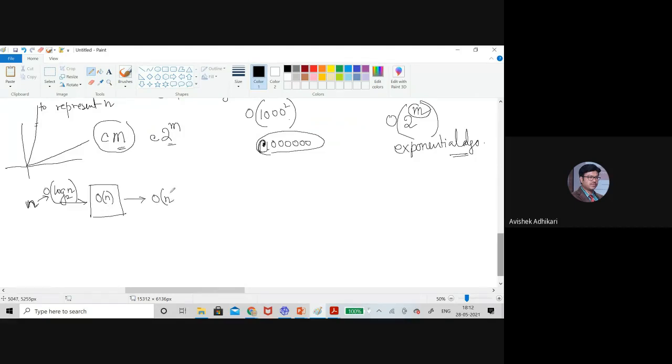But let us try to write n in terms of the size. Say m is your size, then n is 2 to the power m. So this is the same as 2 to the power m. Now tell me, what kind of algorithm is this? Exponential.